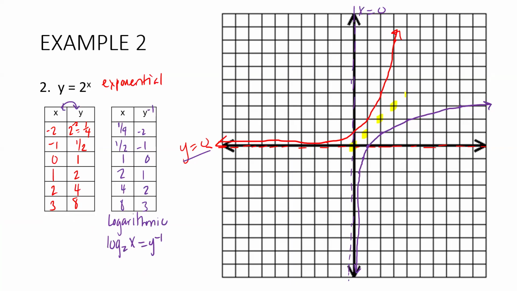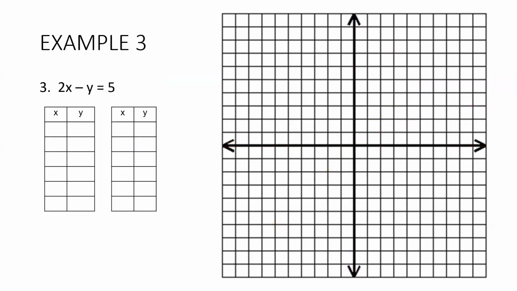So we're going to pretend that I drew these super perfect, and it's a reflection over the y equals x line. Meaning that if I was able to unfold along this line, they would overlap each other. Okay? So we see that visually, graphically, and we're able to do it because we understand the idea that if I can graph one, I can graph the other by switching my x's and y's.